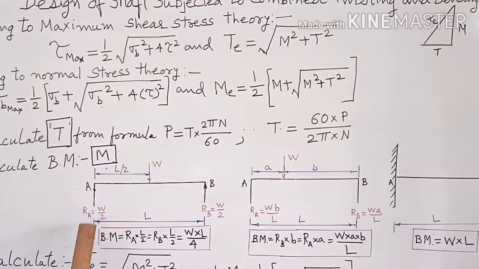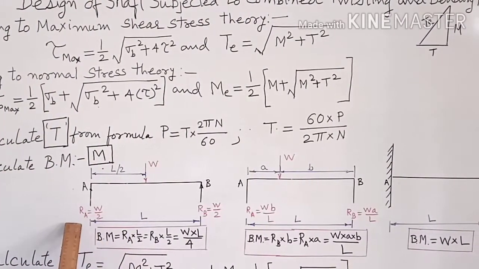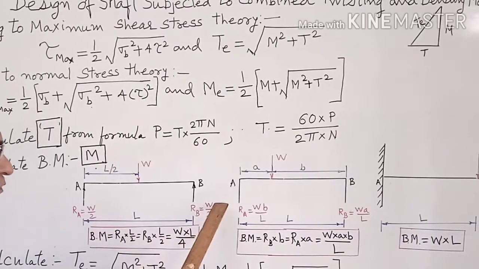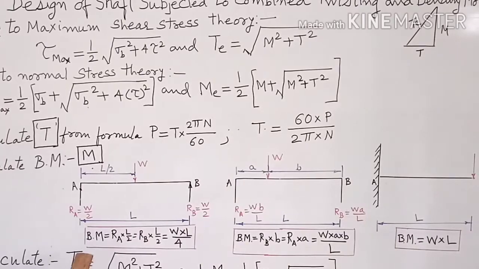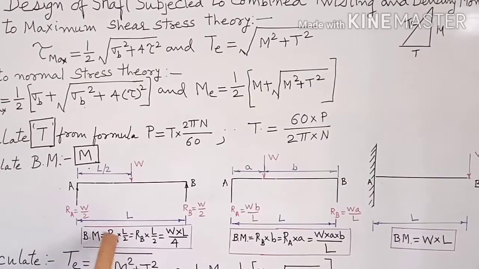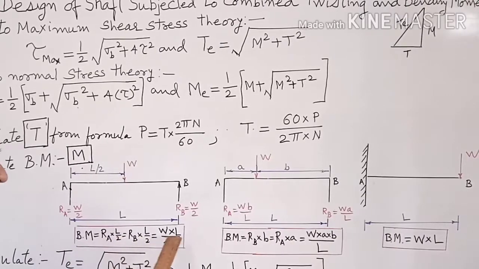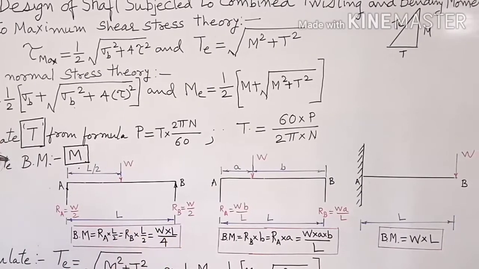Now here the reactions will be RA and RB. RA is equal to W by 2, RB is equal to W by 2. So the bending moment is equal to RA into L by 2, which comes out to be WL upon 4.